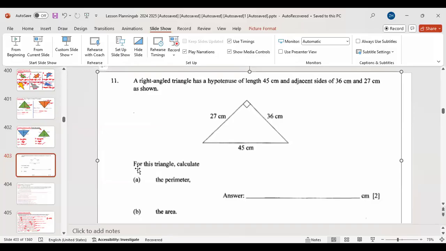For this triangle, calculate the perimeter and the area.